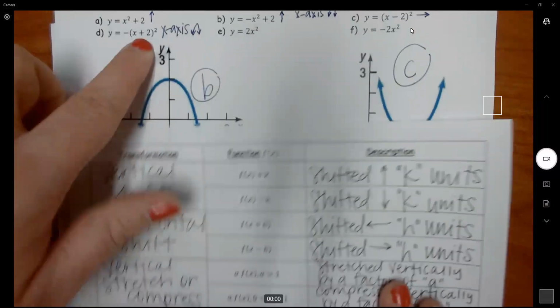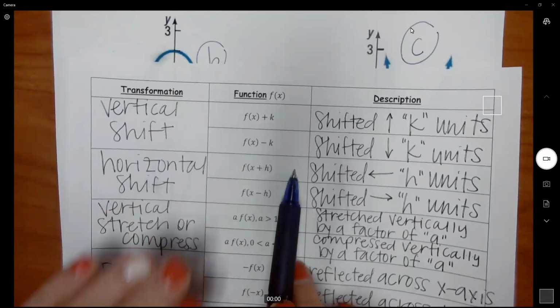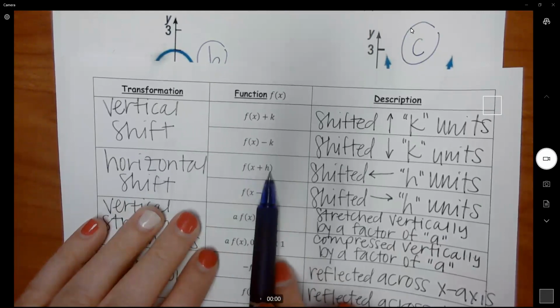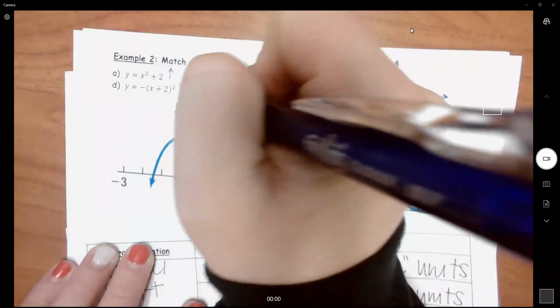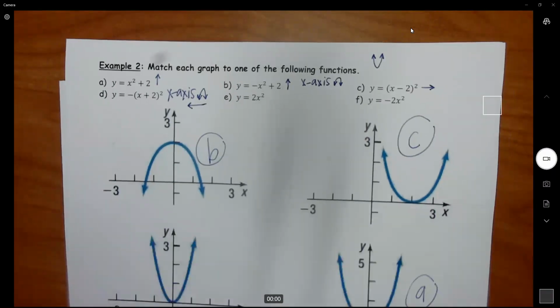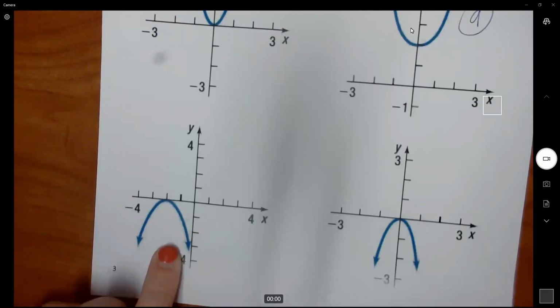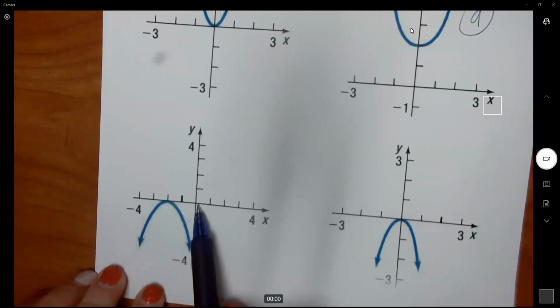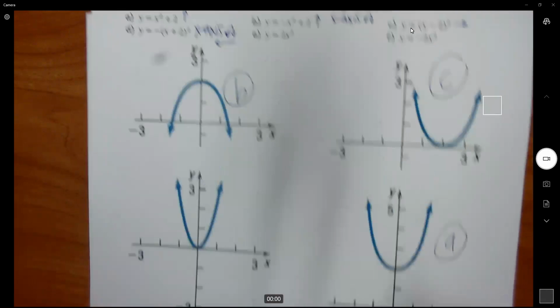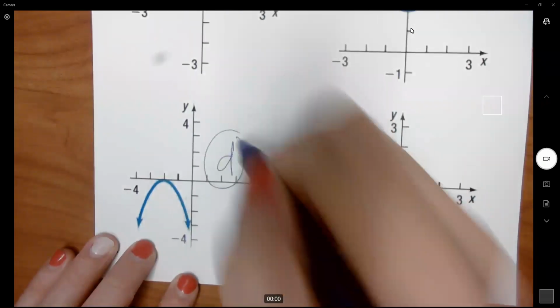And then this plus 2 is inside the grouping, inside the function. So plus h means we're going to the left 2 units. So which one is upside down and to the left? That's going to be this one here. Upside down, it started at the origin, now it's 1, 2 units over. So this is E.